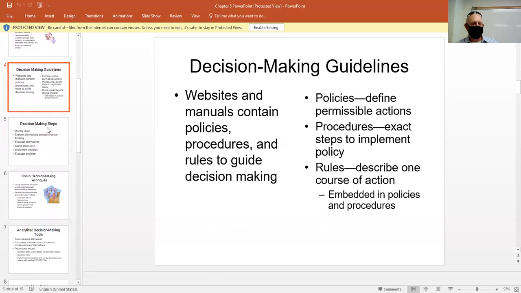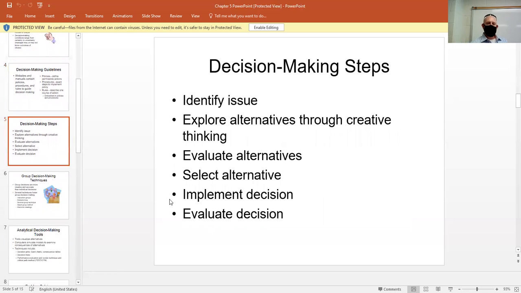So that's important. When we're going to make a decision, there are steps involved. The first thing, we got to identify the issue. What decision are we needing to make? Then you got to explore alternatives through creative thinking. And some people are more creative than others. Sometimes that's where it helps to brainstorm.